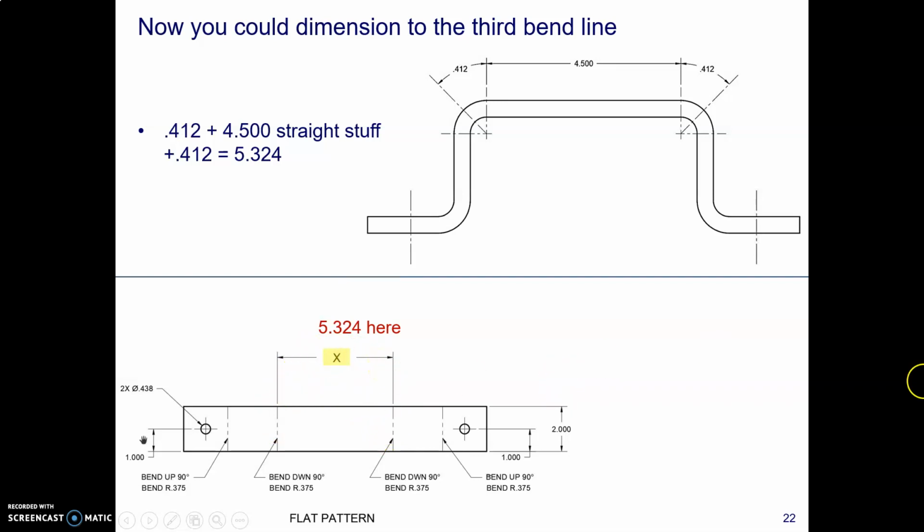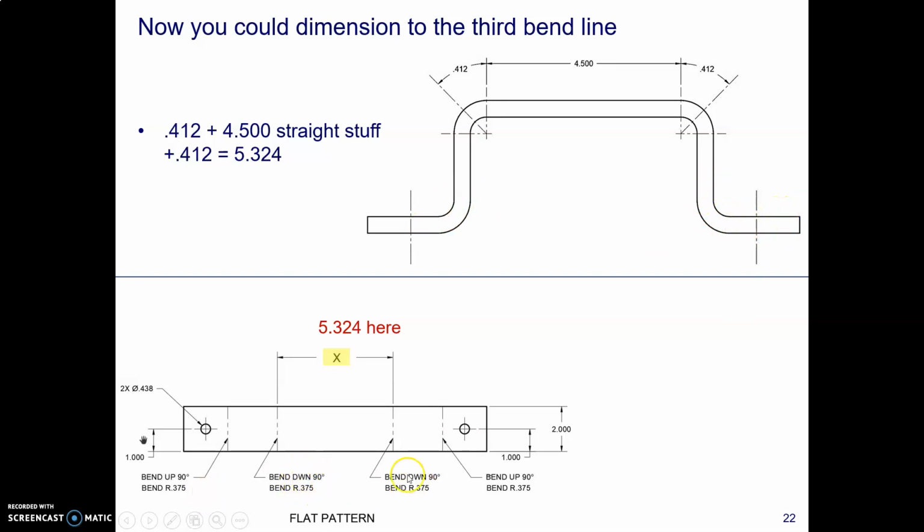And I just want to point out something I think we haven't mentioned yet, which is that I have written in the notes on the flat pattern that 2 of these bend lines are bend up. So the first one is bend up. When you're looking at the flat piece of flat bar, this leg is going to bend up, and this leg over here on the other end will bend up.